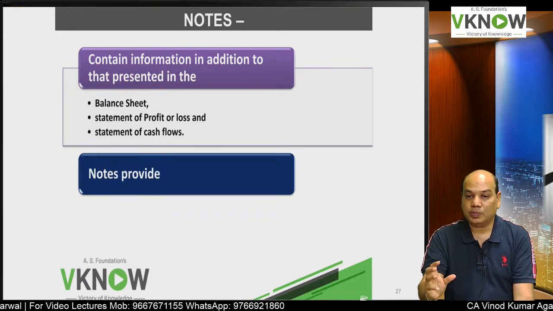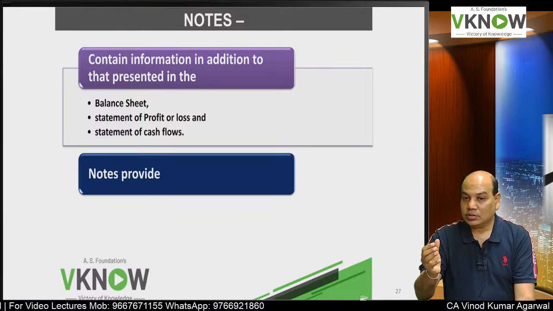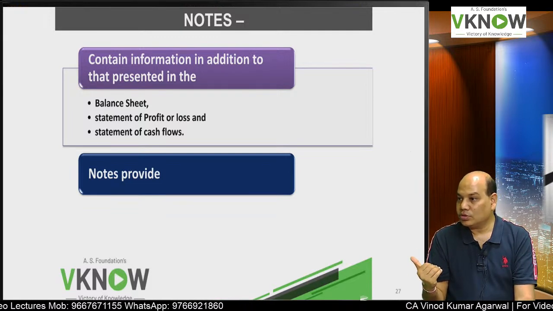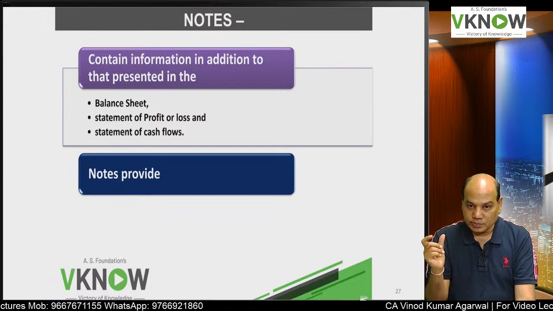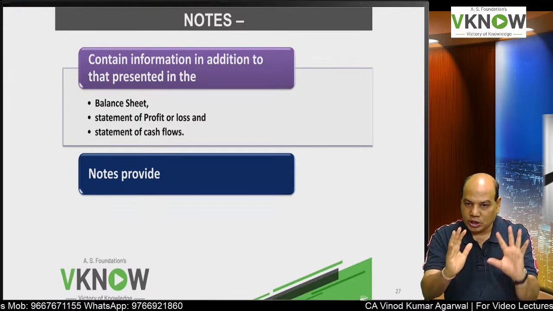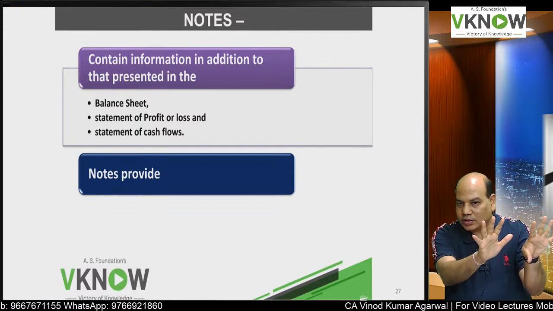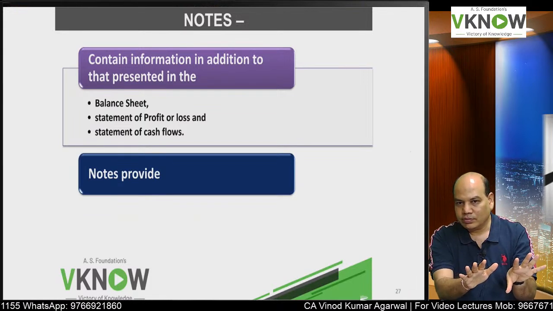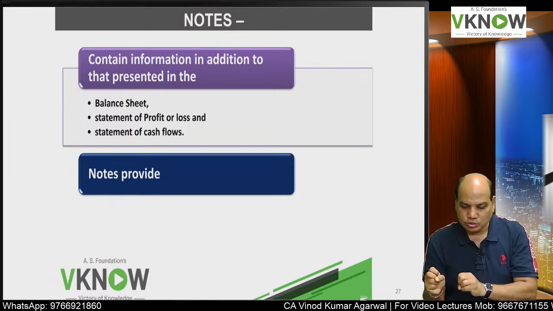In the P&L account you give EPS, but how that EPS is calculated is given in notes. So that is the idea: if you can't disclose or present in the main financial statements like balance sheet, profit and loss, you can give the information in notes.